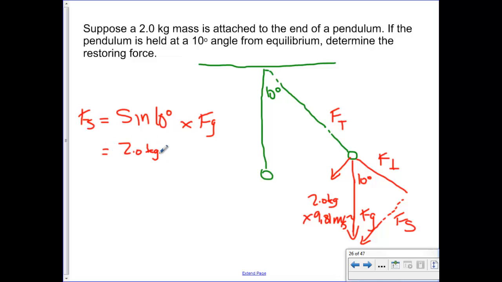So that'll be 2 times 9.81, whatever that is, times sine of 10. Units? Yeah, it's a force. Newtons. So that's how much force gravity is trying to pull this pendulum back this direction.